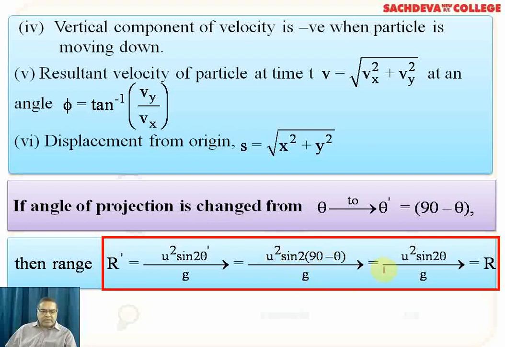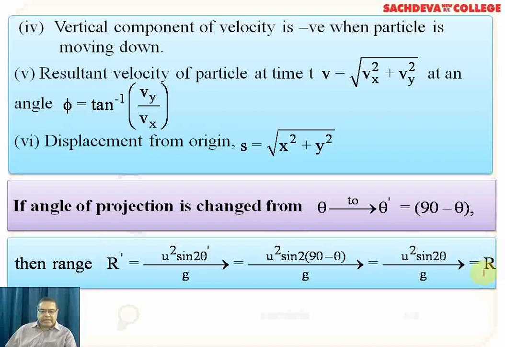Now sine 90 minus theta is cos theta, so 2 sine theta cos theta is sine 2 theta. Therefore, R dash can be written as u square sine 2 theta over g, and this is the value of the range. Therefore, R dash and R are numerically the same.